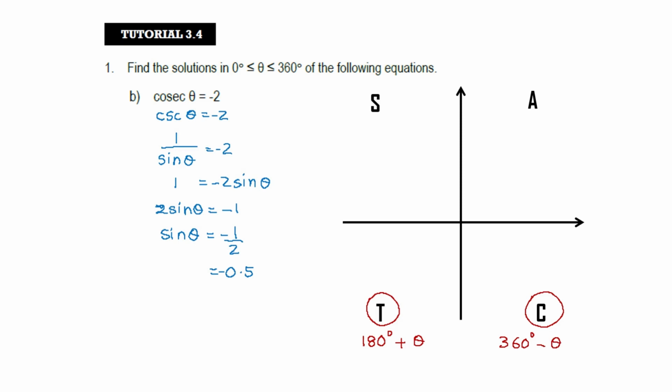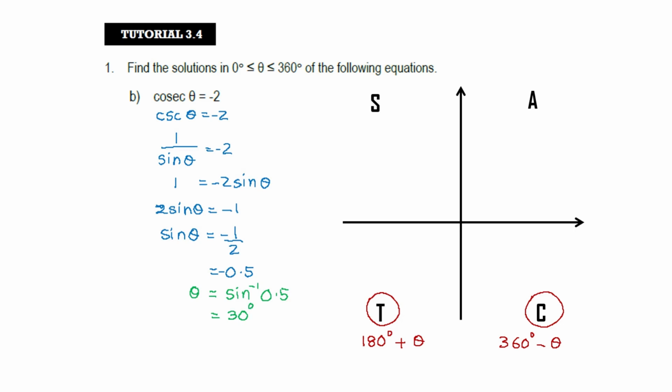So now we want to find the value of theta. Okay, in this part, the most important thing is you have to use the value of it. Ignore the negative symbol here. So we use the calculator. It will be 30 degree. Okay, so right now this one we'll call the basic angle.